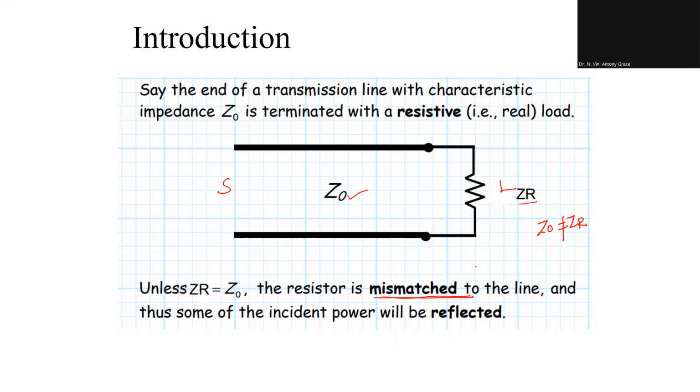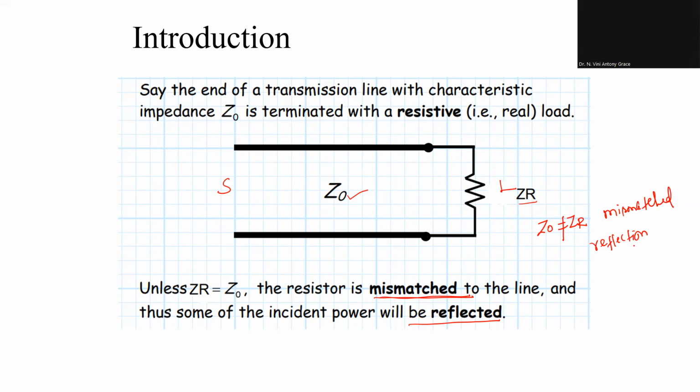The load is said to be mismatched, and in this case, a part of the incident power will be reflected back. So for this condition of Z0 not equal to ZR, we can say the line is a mismatched line and there will be reflection taking place.